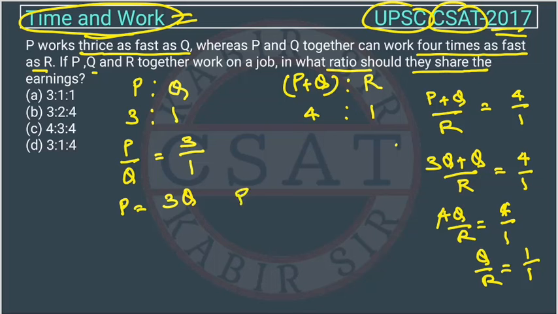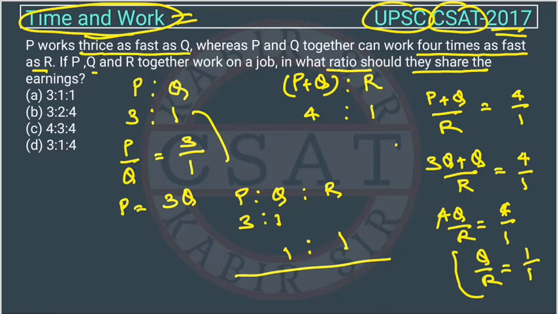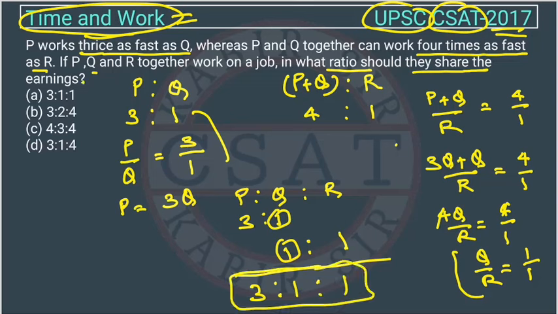So P to Q is how much? This is given from here, 3 is to 1, right? And Q upon R we calculated 1 is to 1. You know from ratio, if these are same, then the ratio will be how much? The ratio will be 3 is to 1 is to 1. So this is the answer, right?